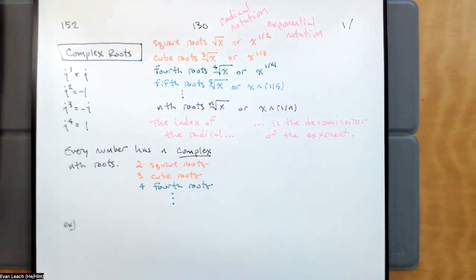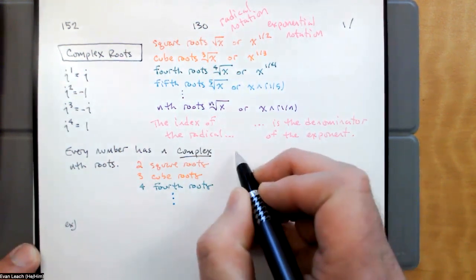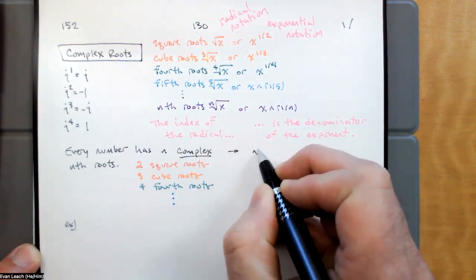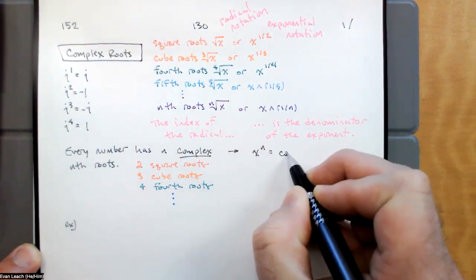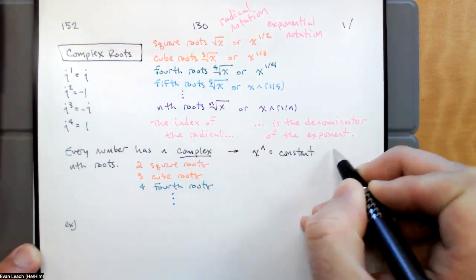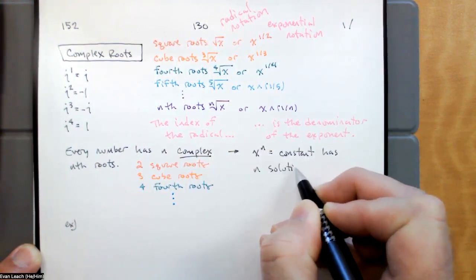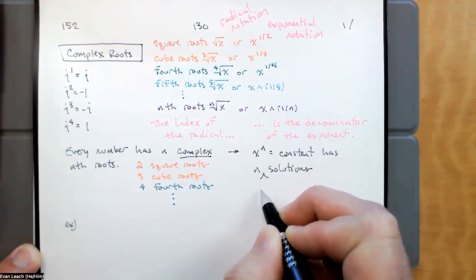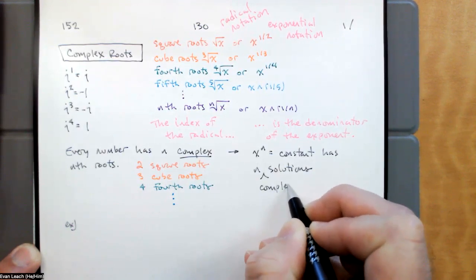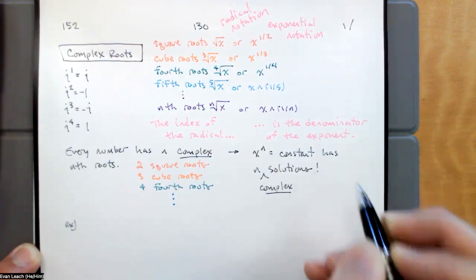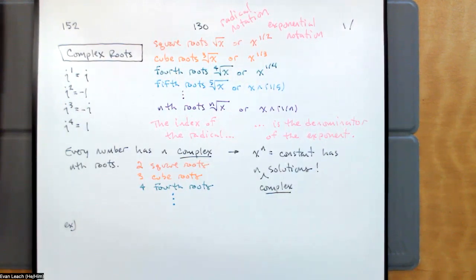we're going to translate this into an equation. So we're going to read this as the equation x to the n equals some constant always has n complex solutions. This is how we're going to interpret this.